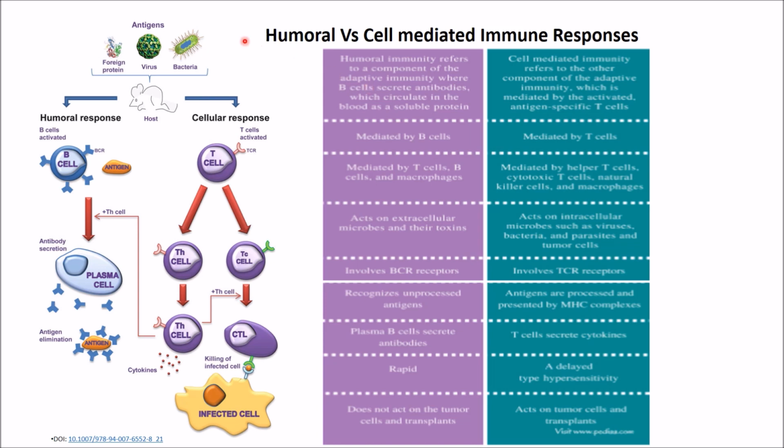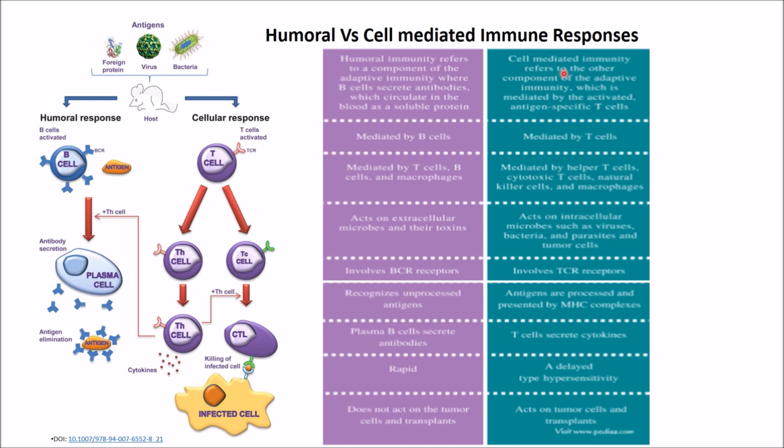The adaptive immune response mediated by B cells is known as humoral immune response. Since the B cells secrete antibodies which circulate in the blood, the immune responses are called humoral, blood-mediated immune responses.